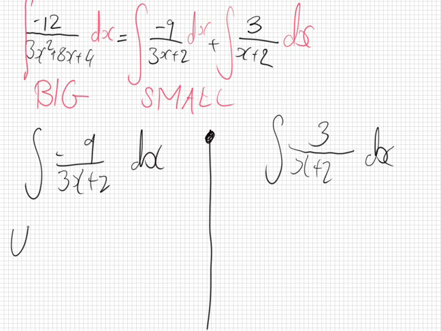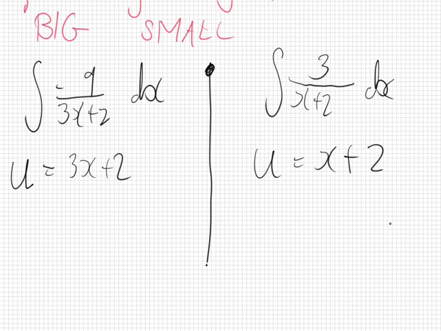You say let u equal 3x plus 2. And here you let u equal x plus 2. Yes, I've skipped a couple of steps because you have done the lesson on the substitution method.